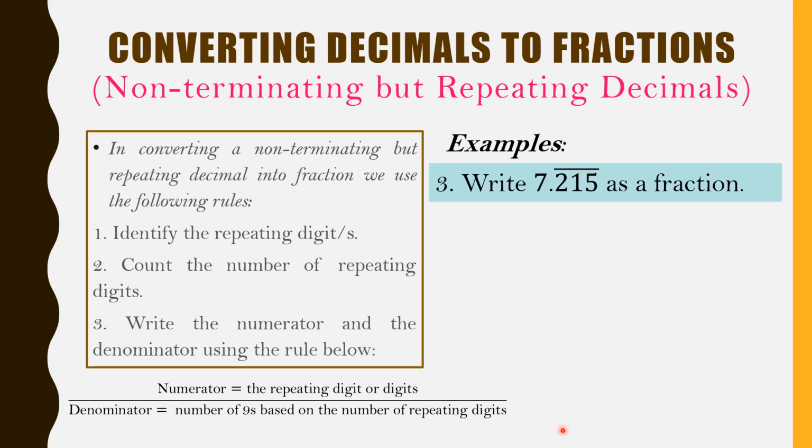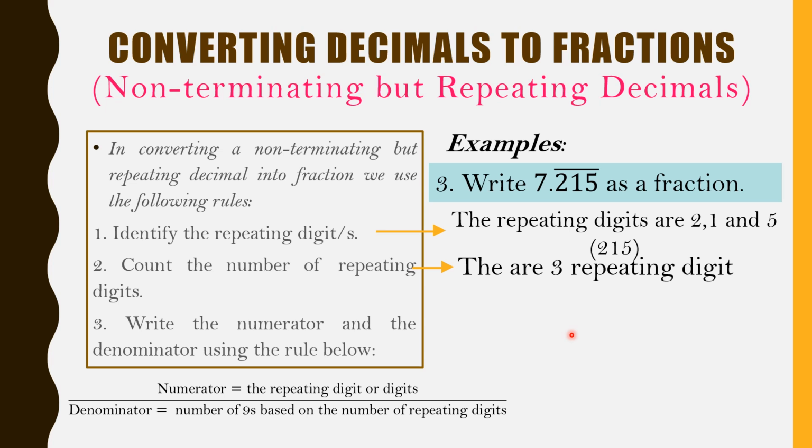Okay, here is another example. So we have 7.215 repeating as a fraction. The repeating digits here are 2, 1, and 5, or 215. And since there are 3 repeating digits, we are going to include 3 nines in the denominator.